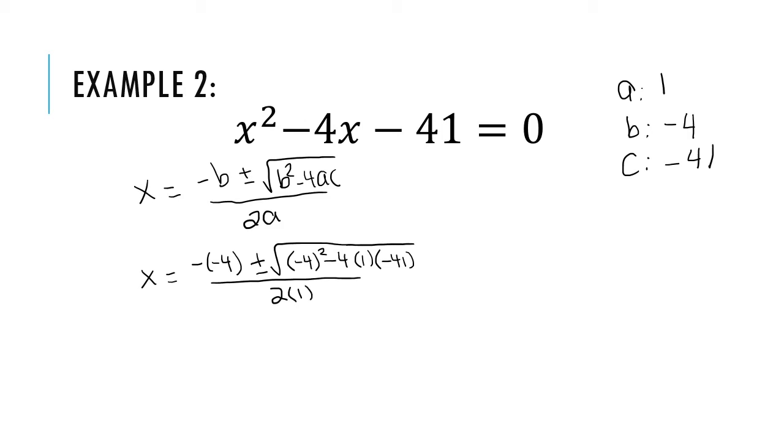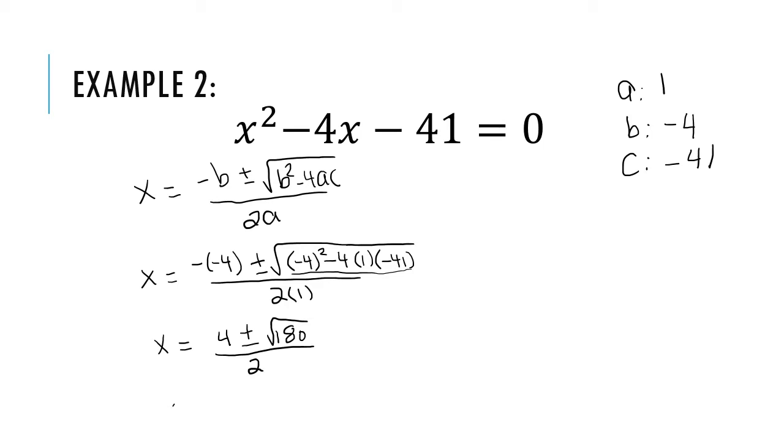Now again, we're going to start by finding the answer for the numbers inside the radical. Negative negative 4 is 4, plus or minus. If we put the whole expression under the radical in the calculator, we're going to end up with radical 180, divided by 2 times 1, which is 2.